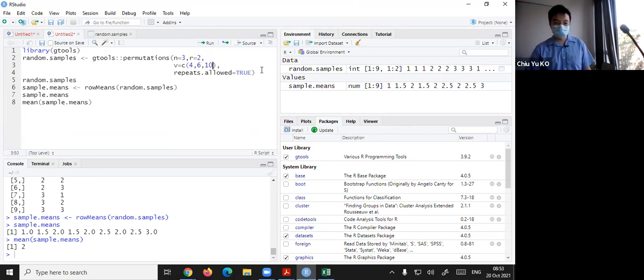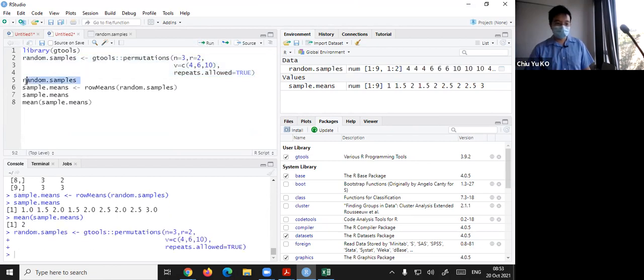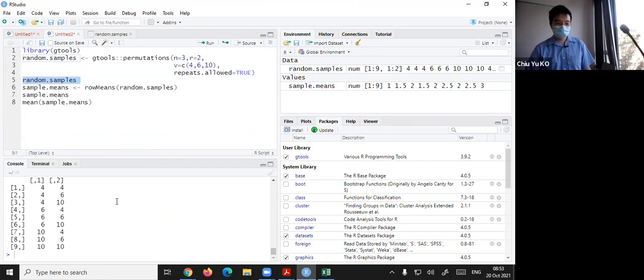If you do this and display it, there will be 9 possibilities: 4, 4, 4, 6, 4, 10, 6, 4, 6, 6, 6, 10, and so on. Then for each possibility, you calculate the sample mean.